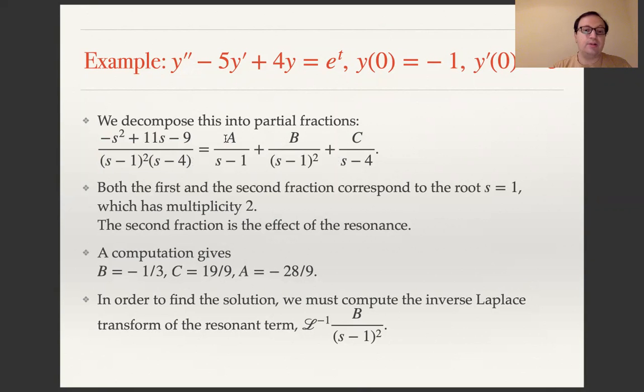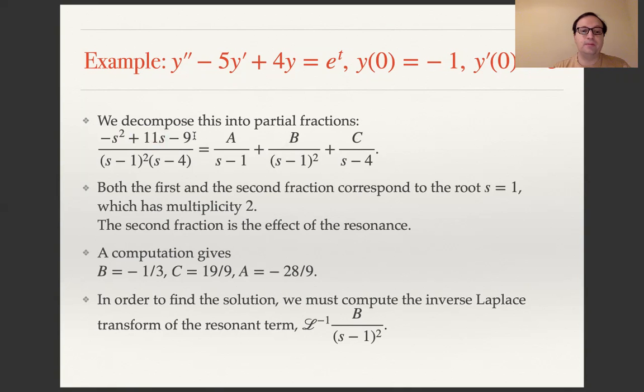And we can compute the three constants, capital A, capital B, and capital C, by looking at the numerator on the left-hand side. So they will depend on this numerator, minus s squared plus 11s minus 9.